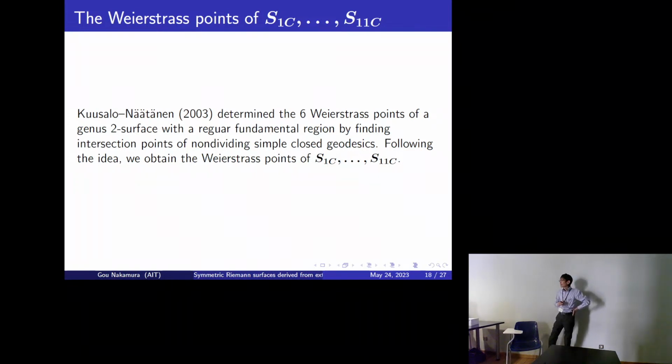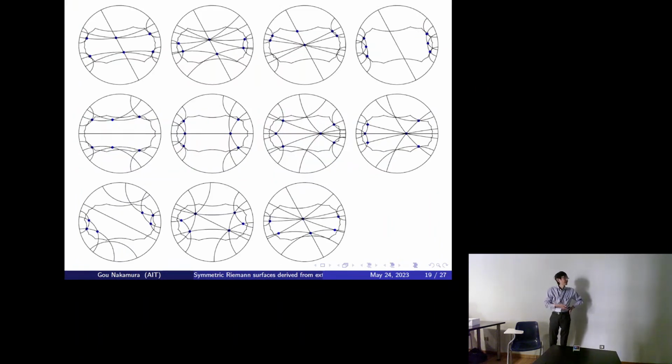Following their idea, we obtain the Weierstrass points of these surfaces. This figure shows the Weierstrass points for the 11 symmetric Riemann surfaces.